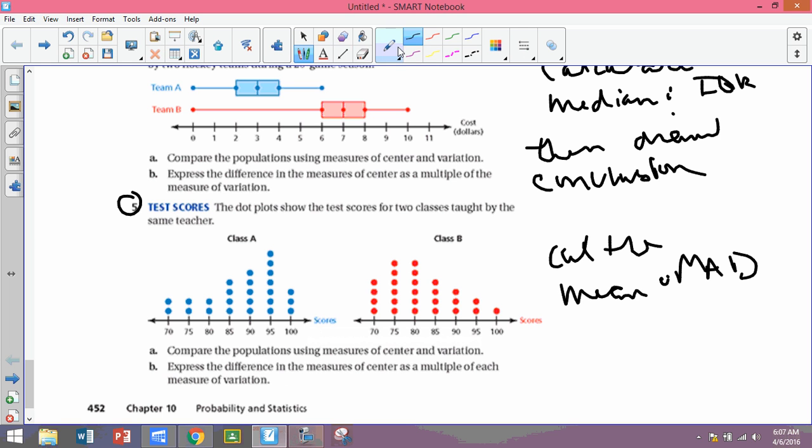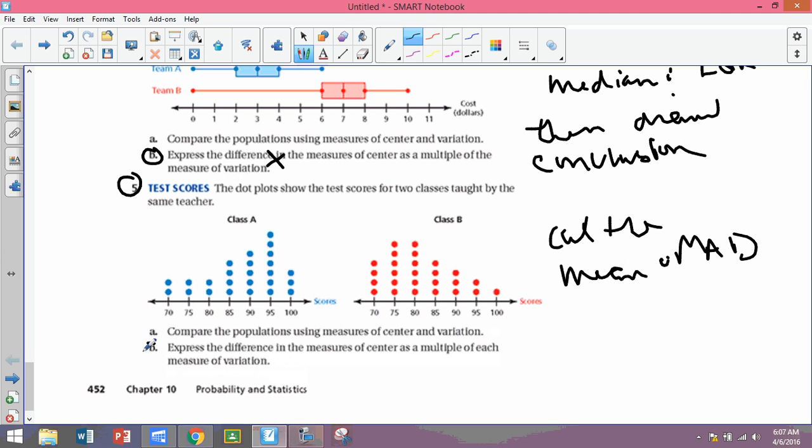Part B in each one asks you to express the difference of measures of center as a multiple of the measure of variation. You don't have to do that, and 2B asks you to do the same thing. I'm going to give you the answer to it. If you want to try it, that would be great.